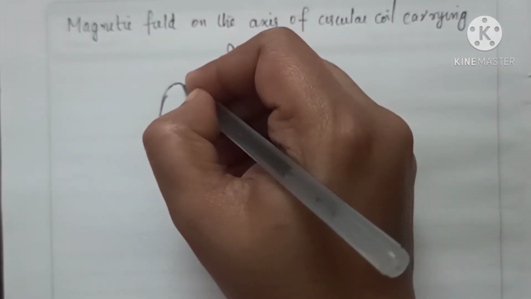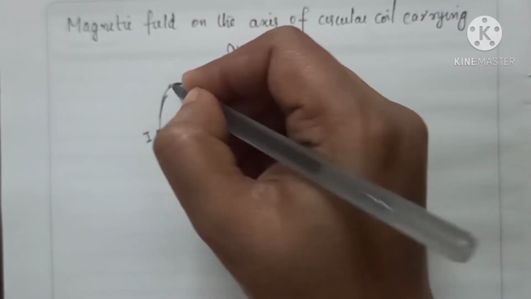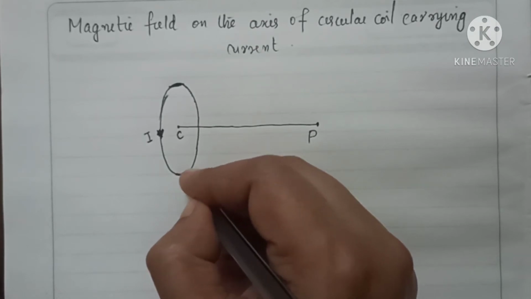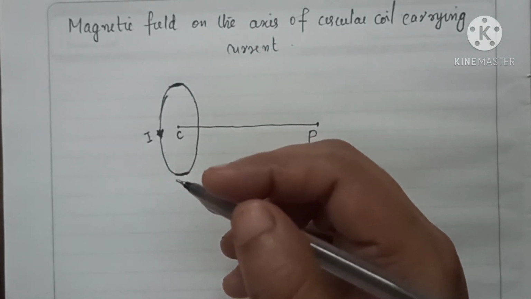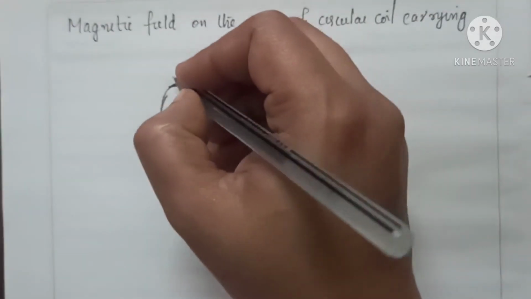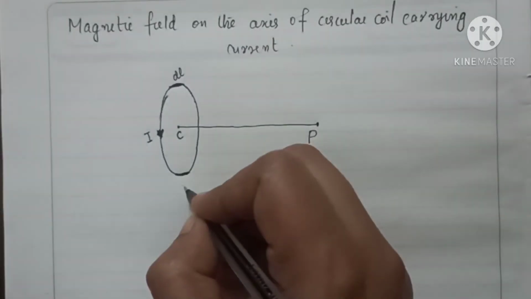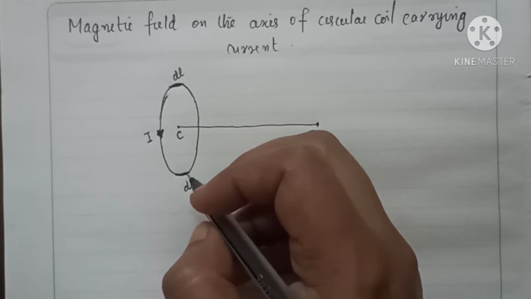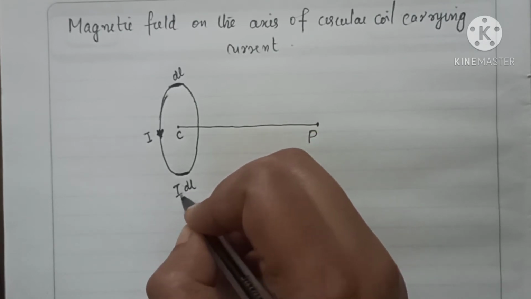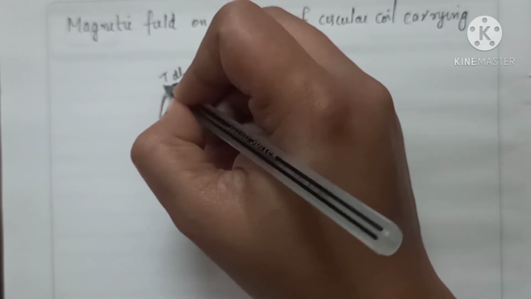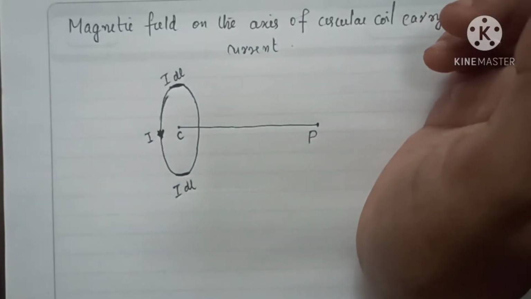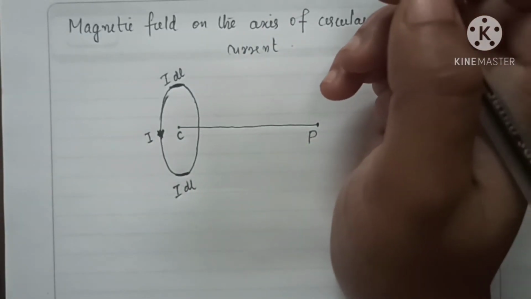So here we will consider one element, here also we will consider an element. Now this is dL, this is also dL. The current is I, so the current element is I dL. Again here also the current element I dL.